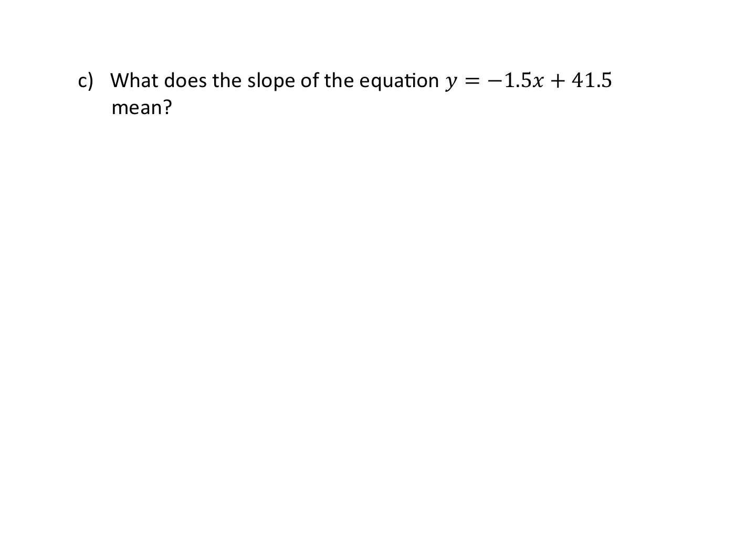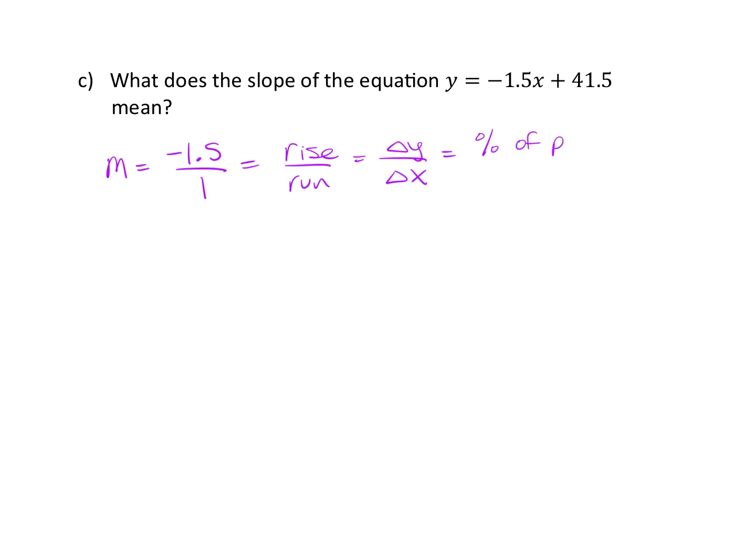So what does the slope of that equation tell us? Okay, so -1.5 is my slope. Write it as over 1 because slope is always rise over run, or change in y over change in x. And in this case, y represented the percent of people who had faith in the government, right?